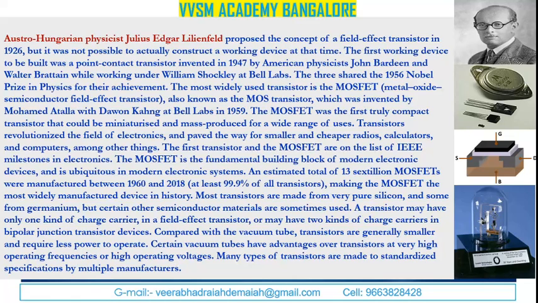Till today, at least 99% of all transistors are MOSFETs, made from silicon and germanium, but certain other semiconductor materials are sometimes used. A transistor may have only one kind of charge carrier, in a field effect transistor, or may have two kinds of charge carriers, in bipolar junction transistor devices.